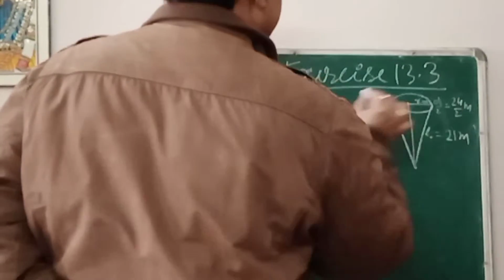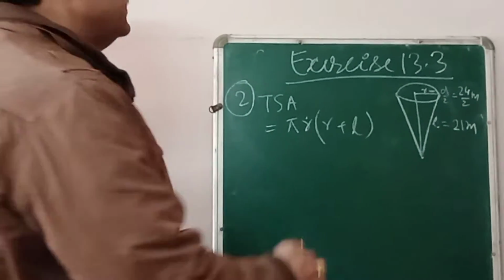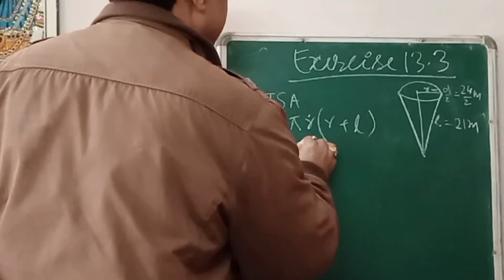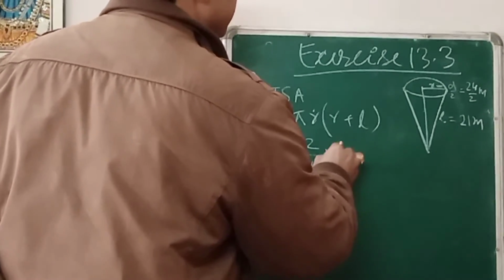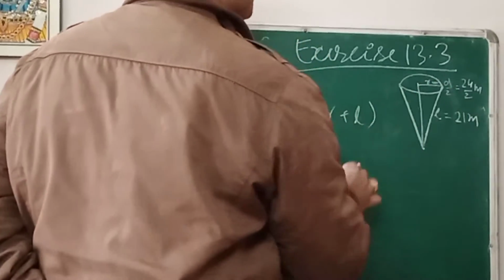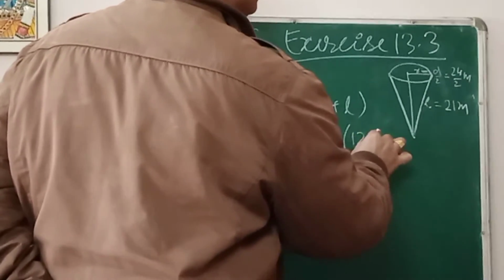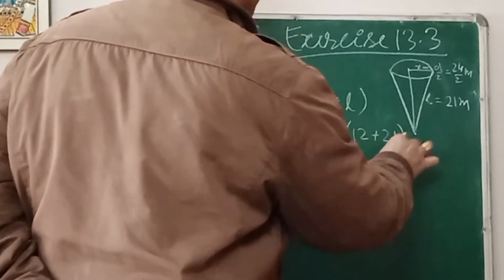Value of R is given. Value of L is given. Pi we will be taking as 22 upon 7. So everything is given, so I don't think there is any problem doing this. 24 by 2, that is 12, and this is 12 plus 21.